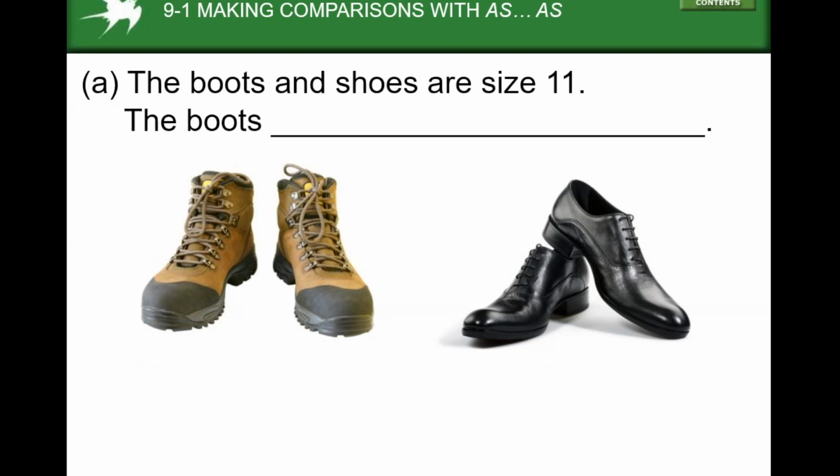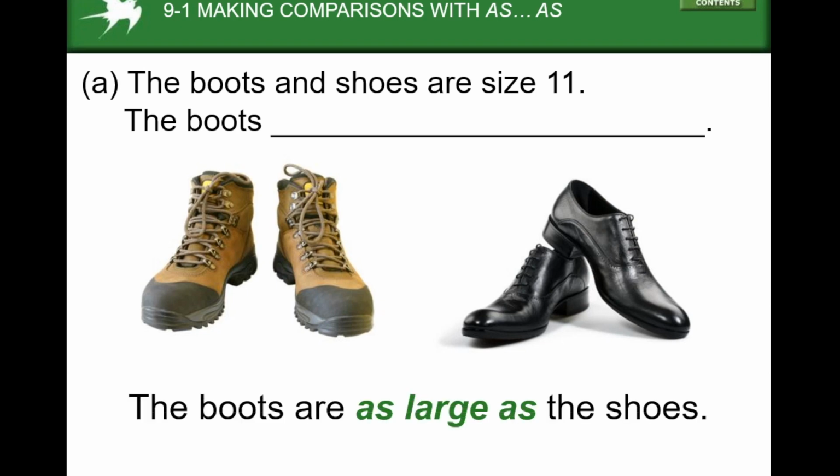Now let's practice. Please make comparisons by using as...as. Yes, your answer to the question is the boots are as large as the shoes.